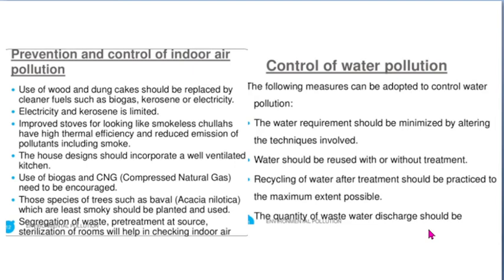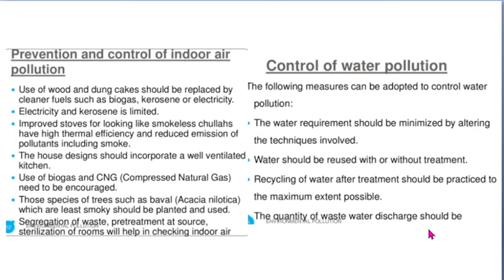Then electricity and kerosene is limited. Kerosene also somehow pollutes our atmosphere, but less than the pollutants generated by using wood and dung cakes. Okay, so improved stoves like smokeless chullas are available in the market and have high thermal efficiency also.